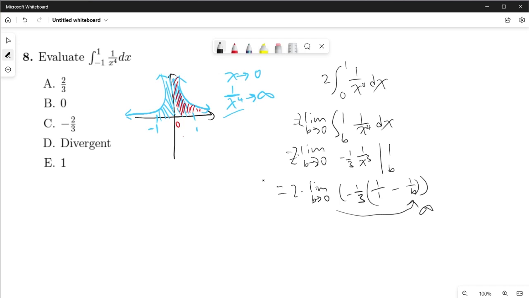Actually, let's say this is from the positive side. As you approach 0, this value would be infinity. So therefore, this whole part is just infinity, right? It's just 1 minus infinity is -infinity, and then times a -1/3, which doesn't matter, it's just infinity. So you have 2 times infinity, which is just divergent.